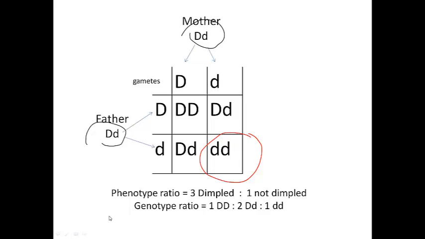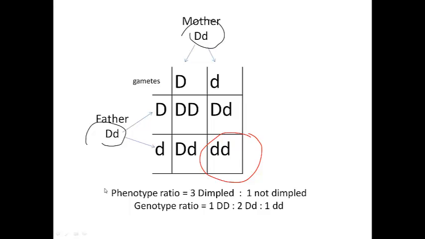And we then say, well, what would happen if this sperm met that egg, or this sperm met that egg? The one that is circled gives you the likelihood of having a normal child, and they're delighted to report the likelihood of having a dimpled child is the other 3, all of those with a big D. Our phenotype ratio, the features we see in the children therefore, are 3 dimpled to 1 not dimpled.